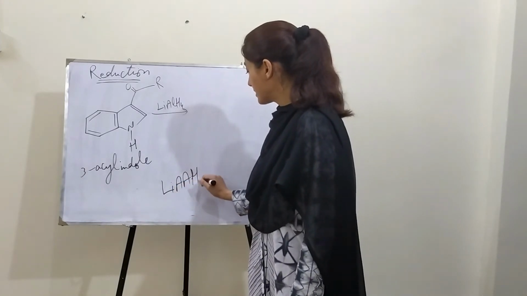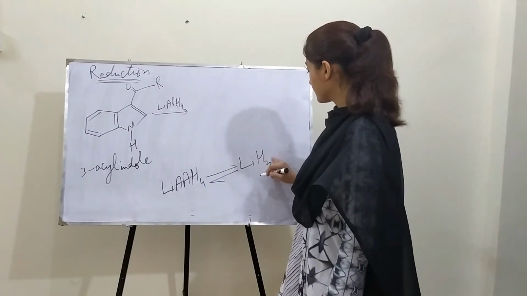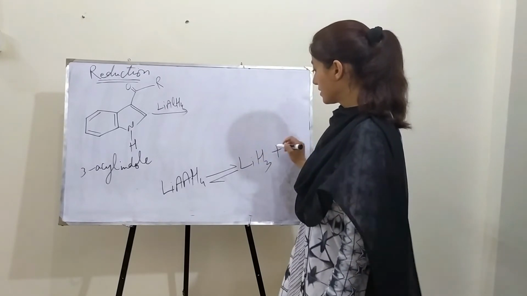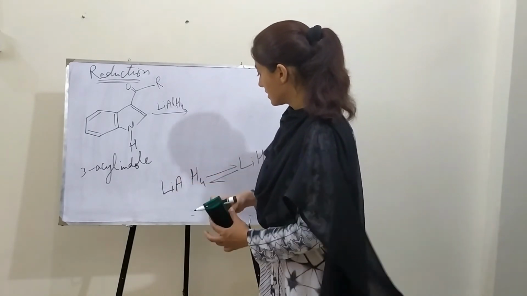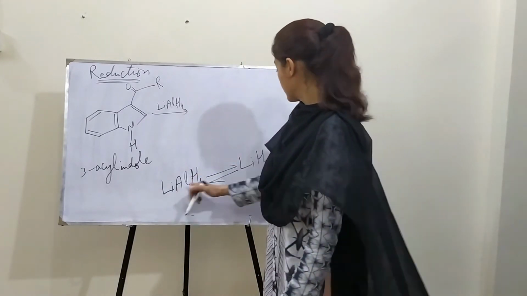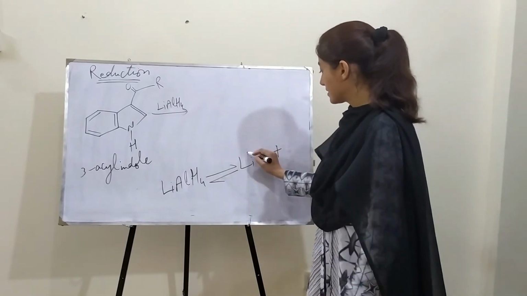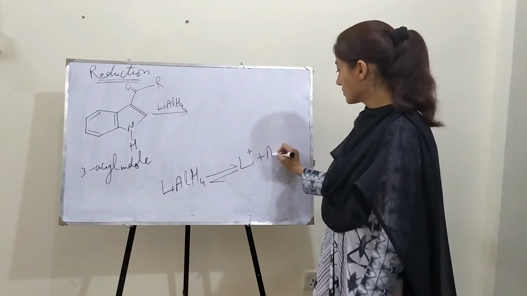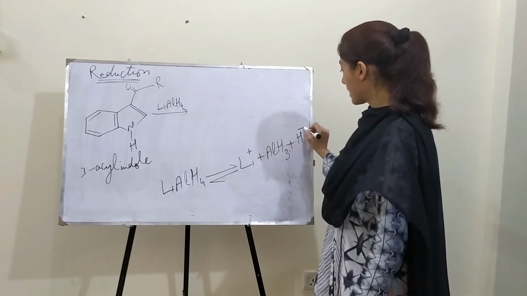Lithium aluminium hydride, LiAlH4, ionizes into lithium cation plus aluminium hydride AlH3 plus one hydride.